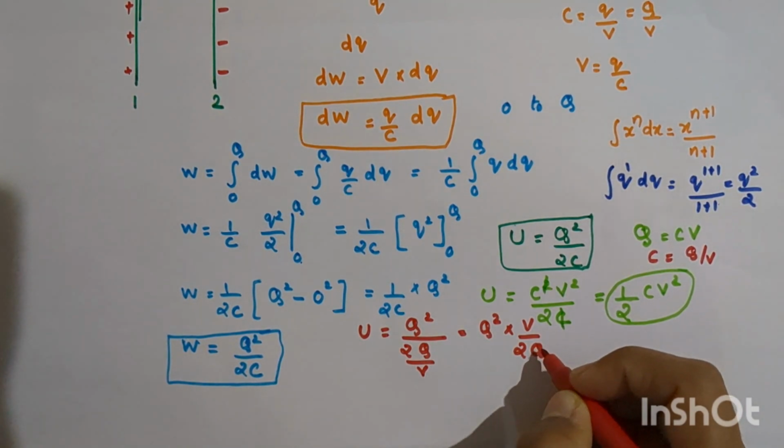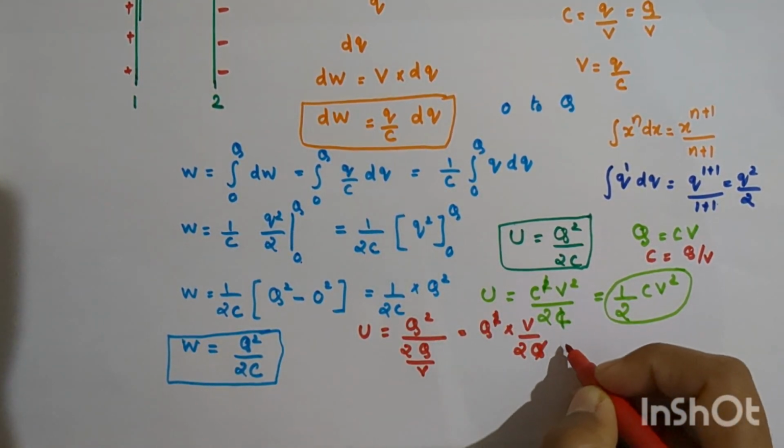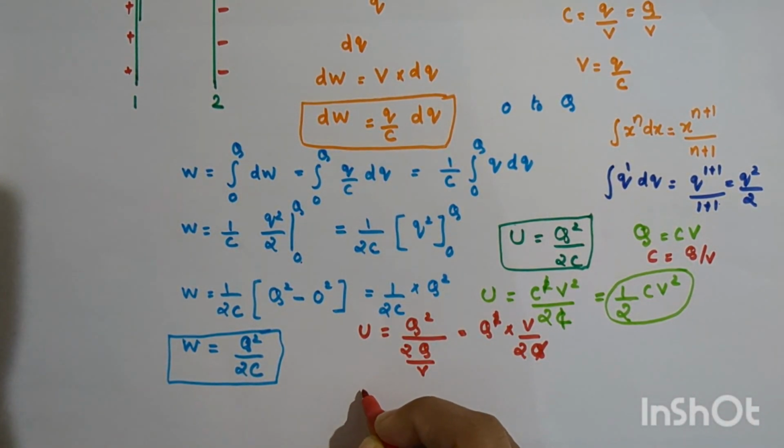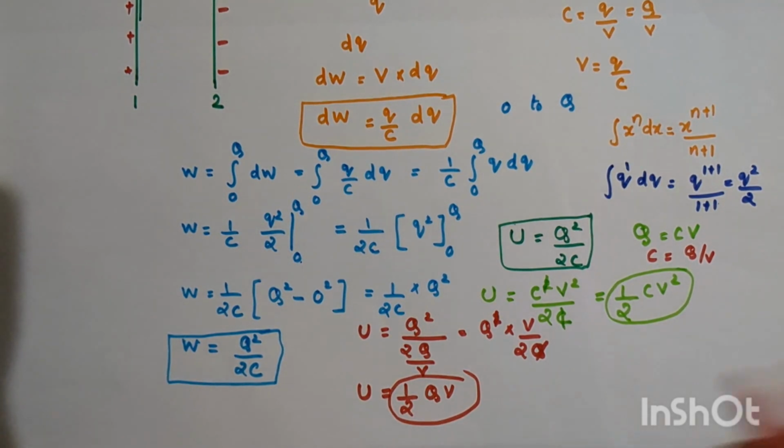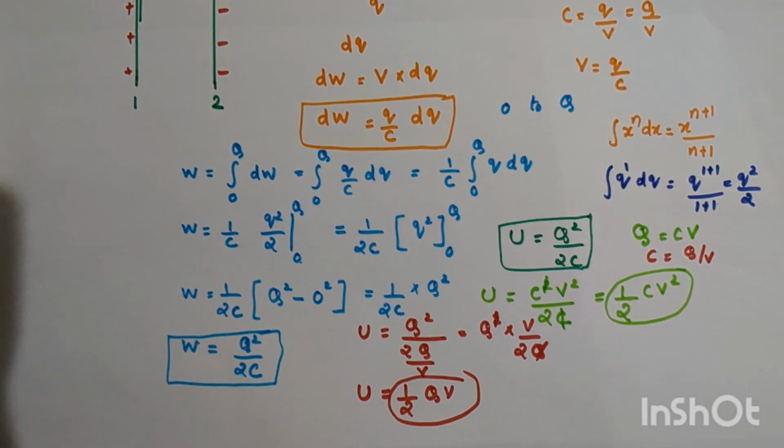One Q cancels, so that you will be getting the potential energy as U is equal to half Q into V. So this is also another expression for the potential energy stored in the capacitor.